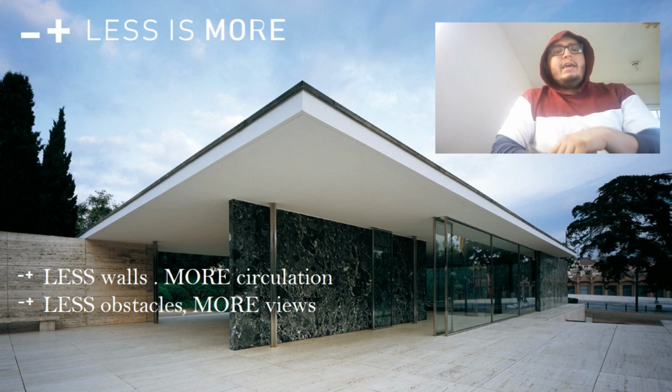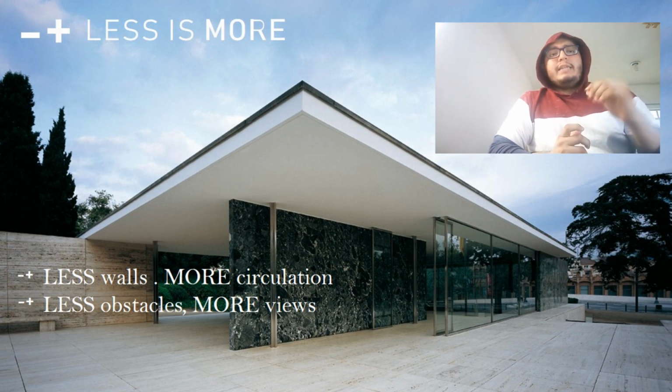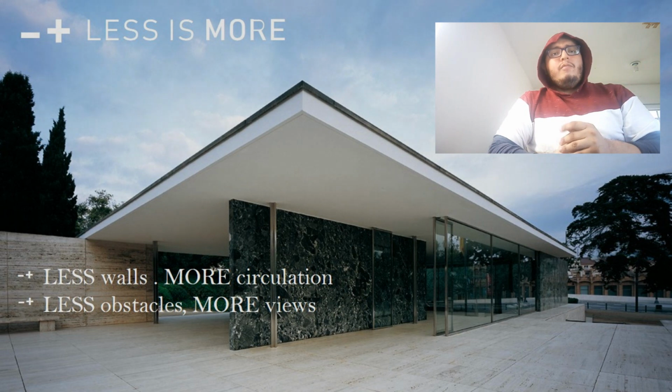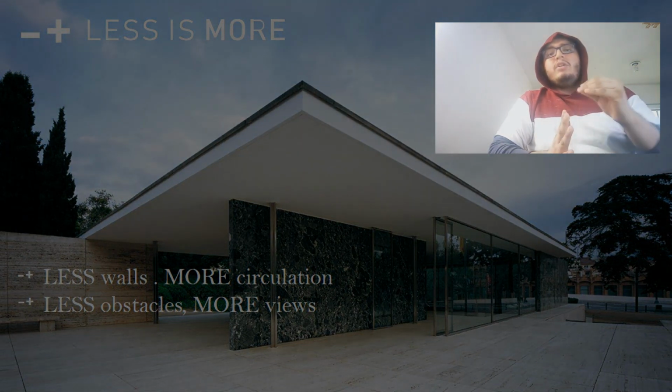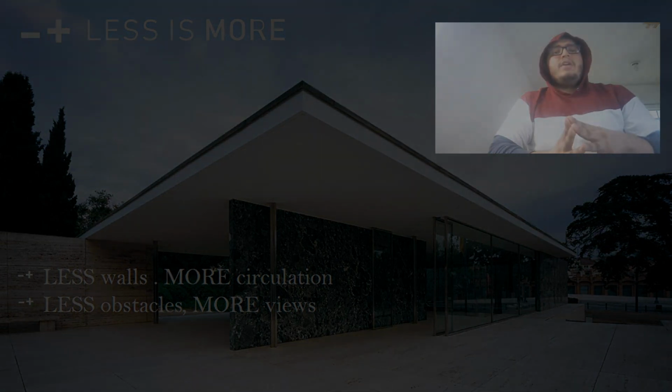We can see how the building is open to the views. That was the purpose of the architect. And so we can see some details. We can see the reference that we are going to talk about in the next layer.